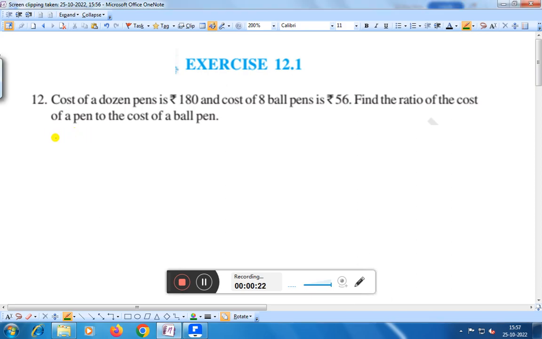We know that 1 dozen is equal to 12, right? Therefore, we can write the cost of a dozen pens is 180 rupees.